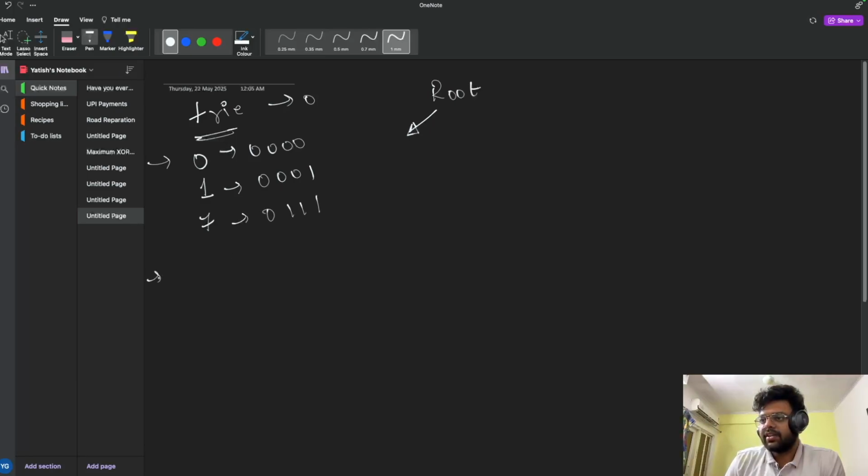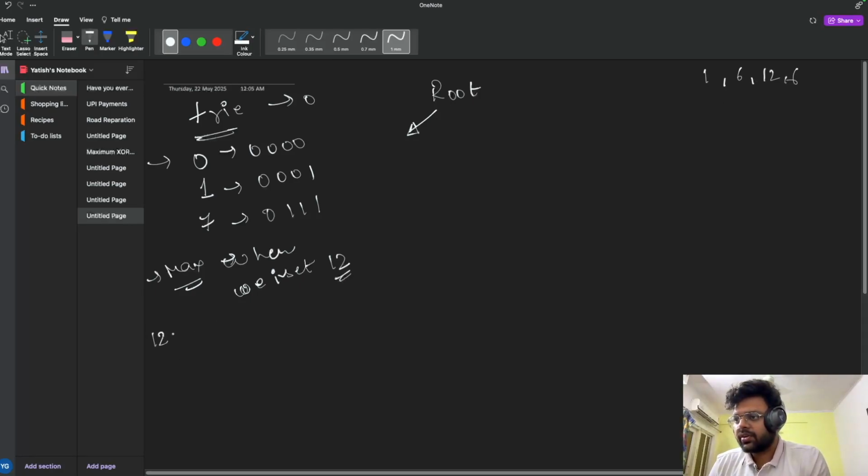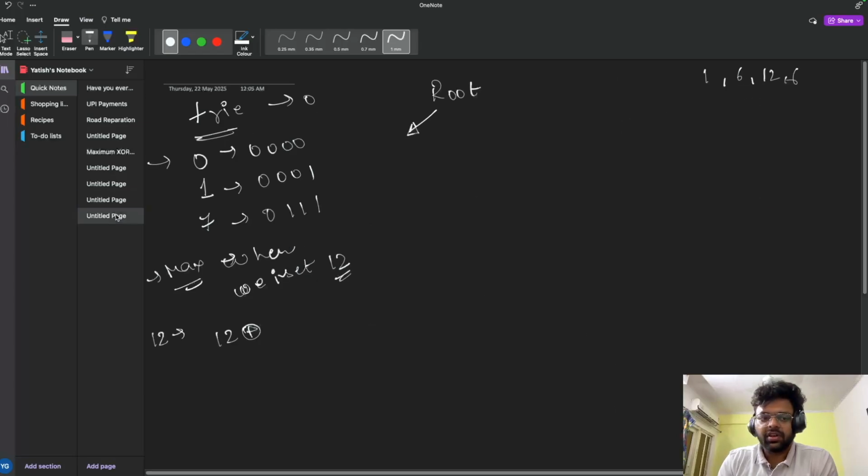We are finding the max when we insert 12, like for the case that we are discussing, 1, 6, 12 and 6. So for 12 we would be doing the XOR with the prefix 7.